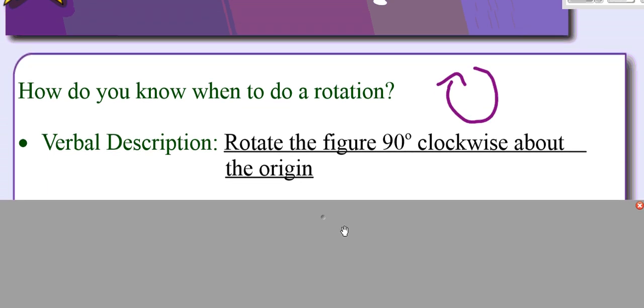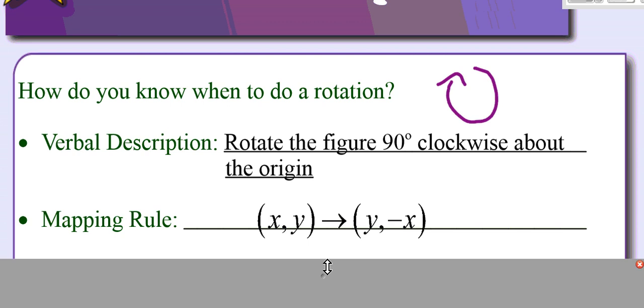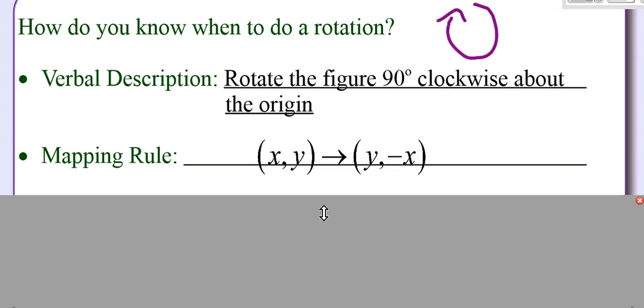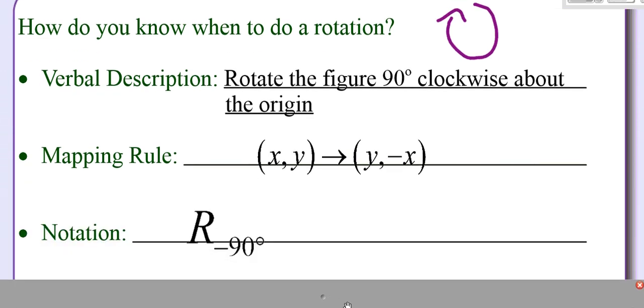So just like reflections and translations, there's also rules that go with it. So here's the one for 90 degrees clockwise. You switch the location of them, X and Y switch places, and then you change the sign of the starting X value. And then probably the least used, but a rotation, and this would actually say negative 90 degrees.